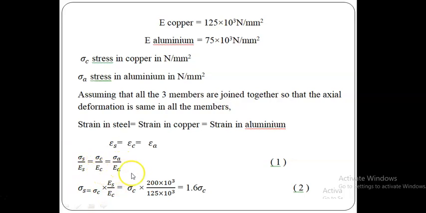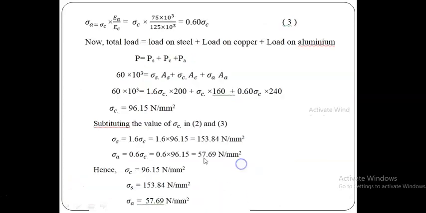Let us substitute ES by EC, therefore sigma S becomes 1.6 sigma C. Like that, sigma A can also be written in terms of sigma C, and therefore sigma A is equal to 0.6 sigma C. Now the total load on steel, copper and aluminum is PS plus PC plus PA. We know that PS equals sigma S into AS, that is force equals stress into area. PC is equal to sigma C into AC, and PA is equal to sigma A into AA.